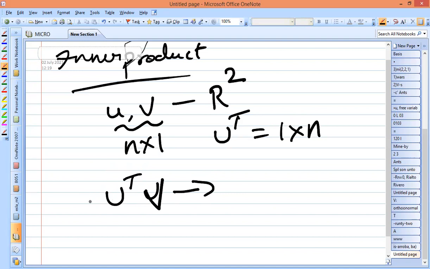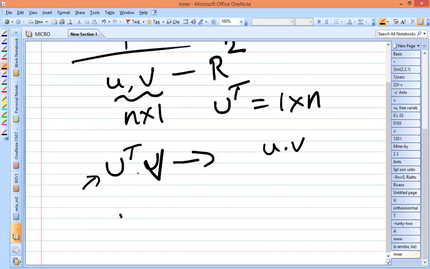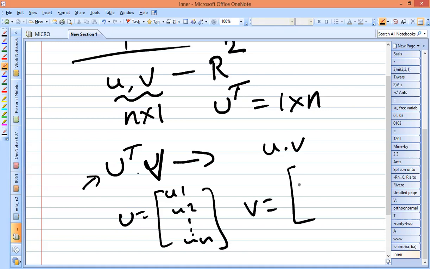This calculation we have already used in the previous problem. We are only giving some official name for this. When you take the dot product of u transpose and v, this is called the inner product of u and v, which is written simply as u dot v. Suppose you have u with the elements u1, u2, and so on up to un, and v with the elements v1, v2, and so on up to vn.